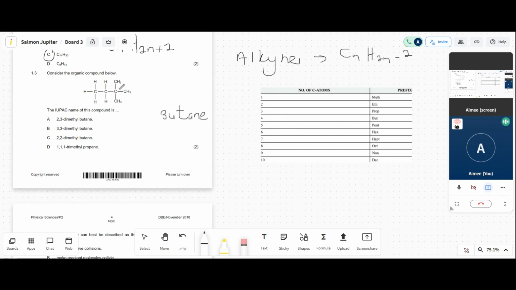So the 2,2 tells me where my dimethyl chains are. This dimethyl describes the nature of the chains. The butane tells me how many carbons are in my main chain, and it tells me to which functional group this compound belongs. So from this, we can therefore deduce that our answer to 1.3 is C, 2,2-dimethylbutane. Okay.